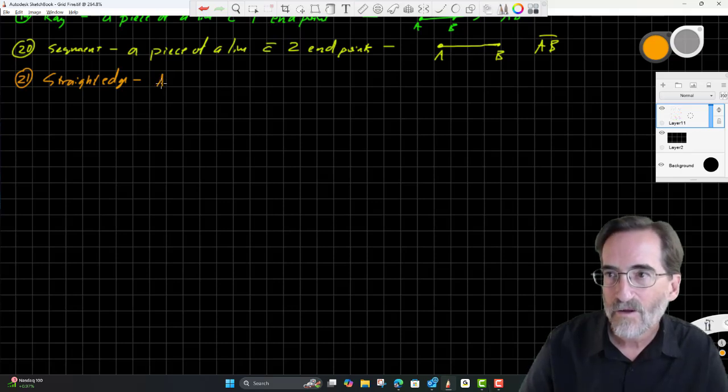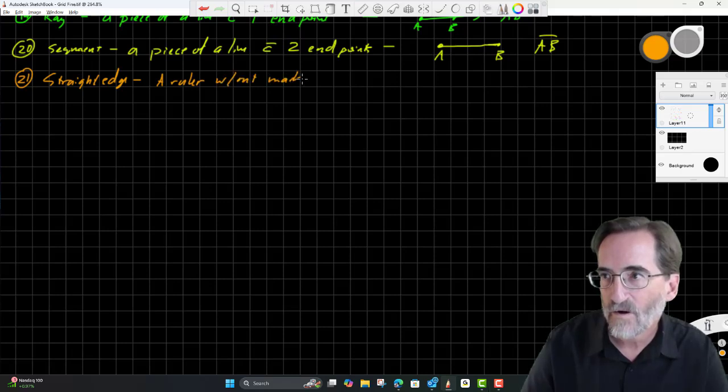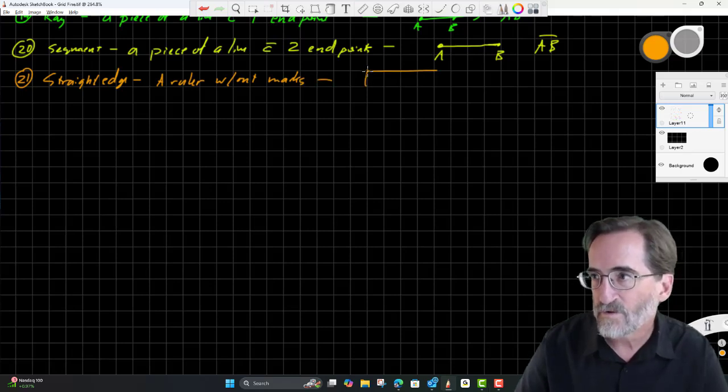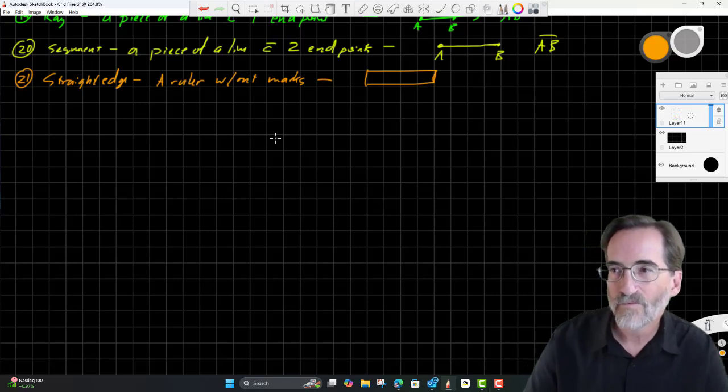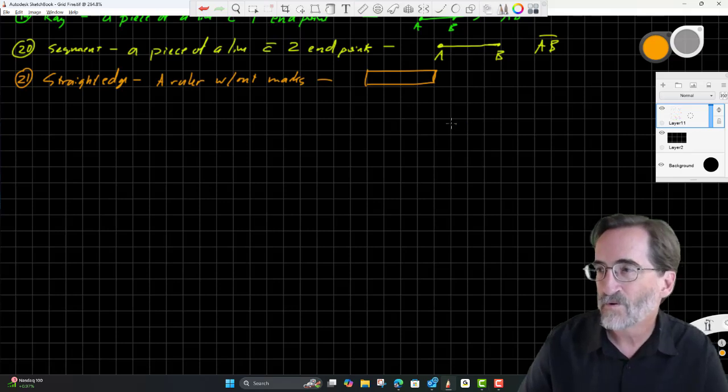Okay, you can think of it as a ruler without marks. Okay, an example is a rectangular piece of wood or metal with a straight edge. It can be a folded sheet of paper or the edge of a card, right?